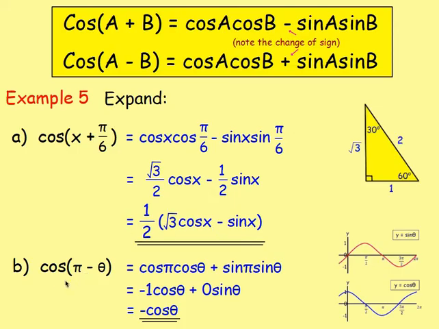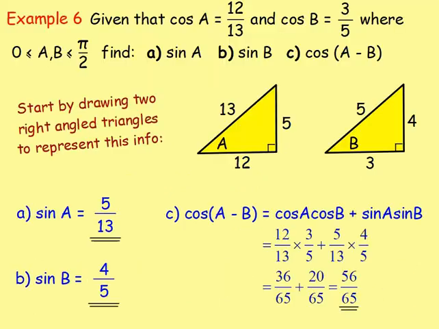And the same for the other one as well, for cos pi minus theta. You're replacing the a and the b here with pi and theta, so you'll end up with the right hand side, but in place of a you've got pi, in place of b you've got theta, and once you have that, well, you can work out cos of pi and sine pi by thinking about your trig graphs. Doing that, it gave you negative cos theta for your answer.